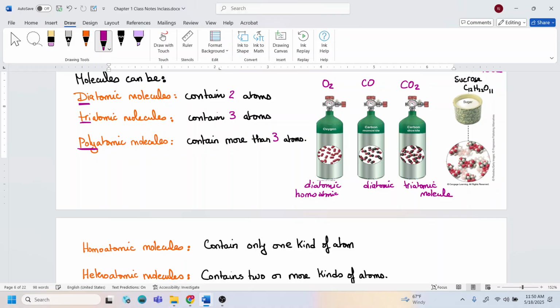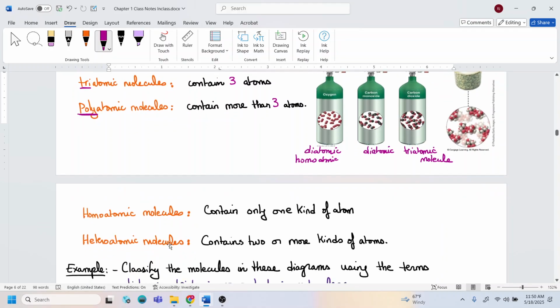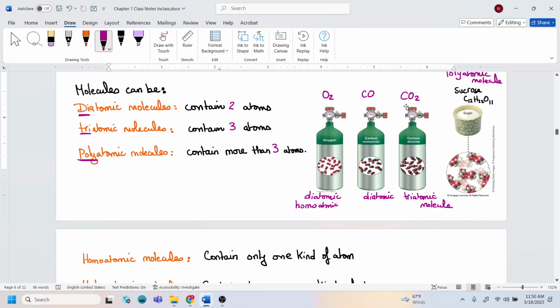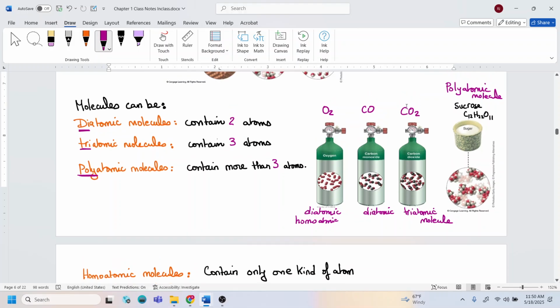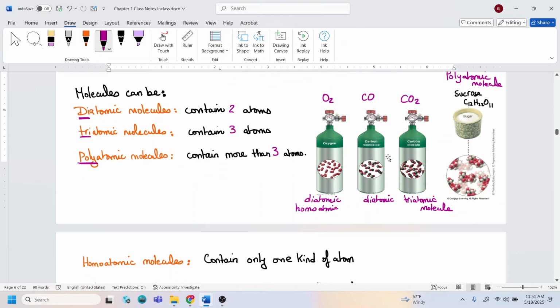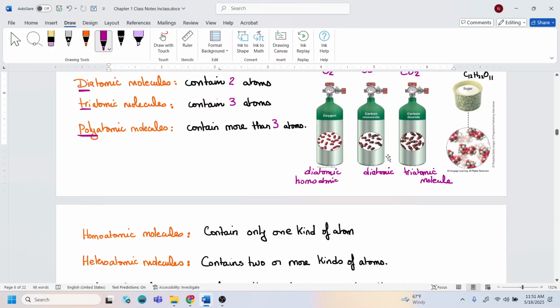And then you have heteroatomic molecules. These are molecules that contain two or more different kinds of atoms, like carbon monoxide, carbon dioxide, and sucrose. All of those are considered heteroatomic molecules because they contain two or more different kinds of atoms.